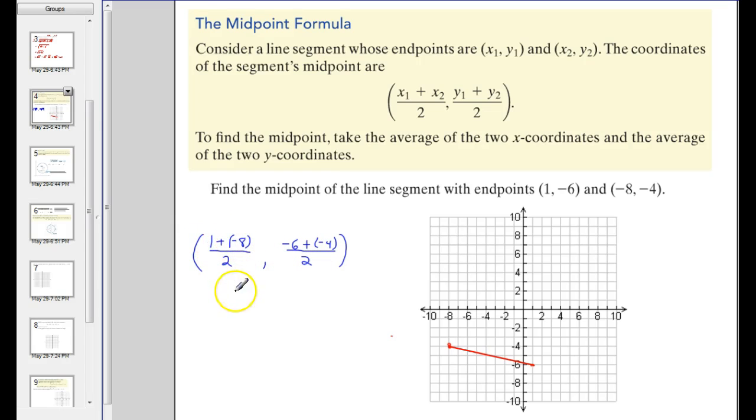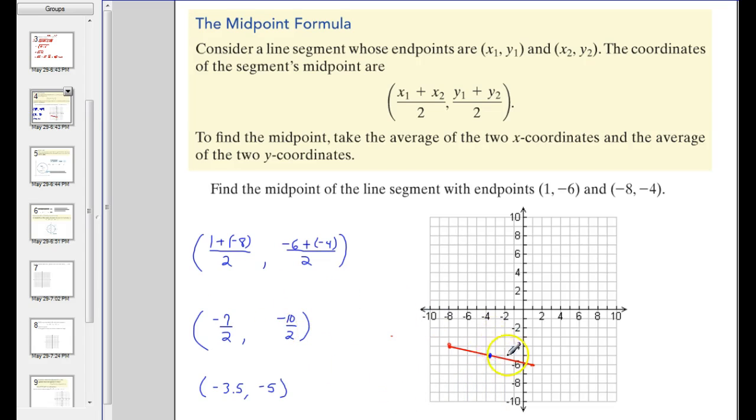So 1 plus negative 8 is negative 7 halves, comma, negative 6 plus negative 4 is negative 10 halves, which is the same thing as negative 5. We could leave it the way it is, but we could write it as negative 3.5 and then negative 5. So negative 3.5, negative 5, right there is our midpoint.